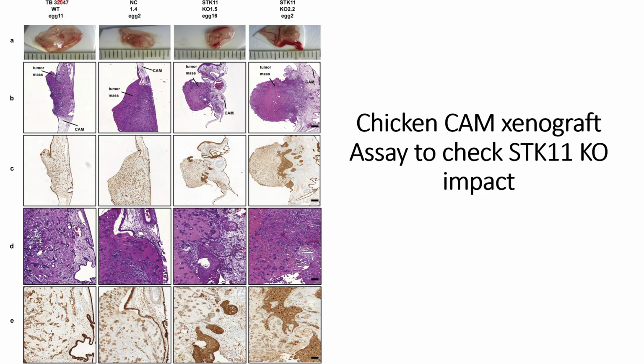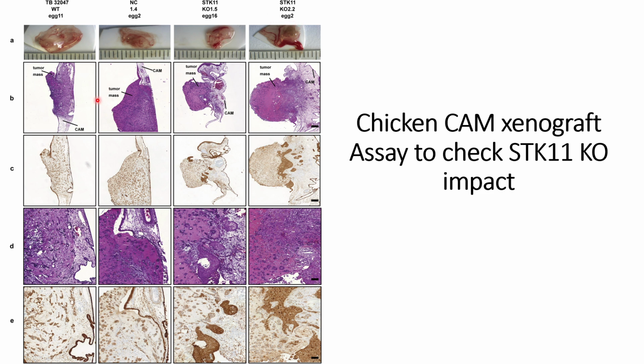First, for control, they used the wild type TB30427. Next they used another control, and the next two conditions are different knockout clones of the cells that are developed as a single clone. That is STK11 knockout 1.5. This is the name that they have given, and STK11 knockout 2.2.